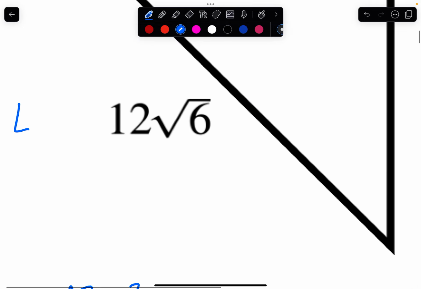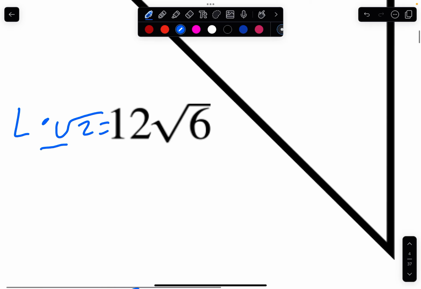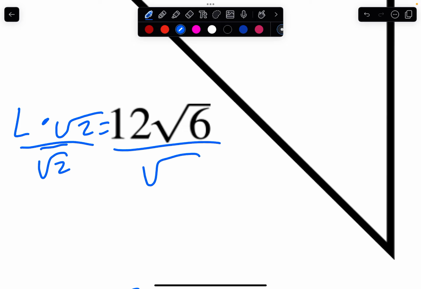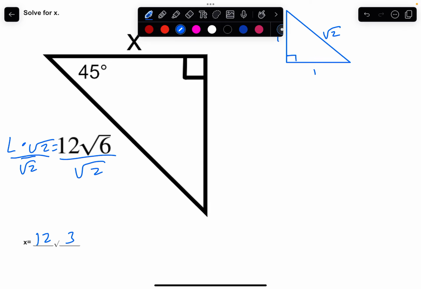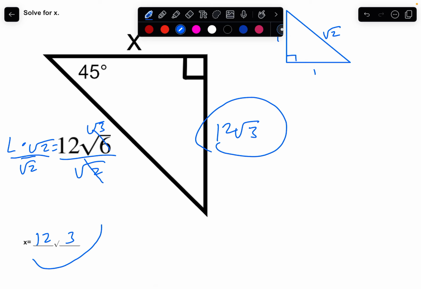That means the leg times root 2 had to equal that. Something times root 2 has to equal 12 root 6. So how do you get rid of times root 2? You divide by root 2. So if we divide both sides by the square root of 2, we would be left with 12 root 3. Root 6 divided by root 2 is just root 3. They cancel out. So that is our answer, 12 root 3.